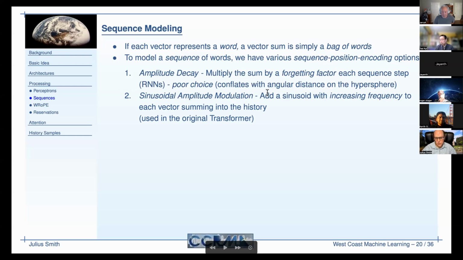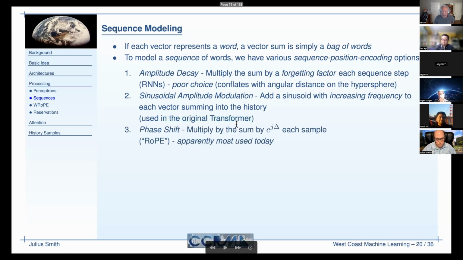But it's not the only thing we can do. We can also do sinusoidal amplitude modulation, and that was what was used in the original transformer. So you just do AM like any AM radio. And then more recently, people are doing what they call RoPE. It's rotary positional encoding.